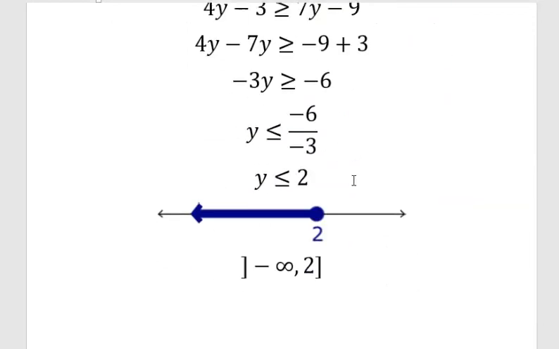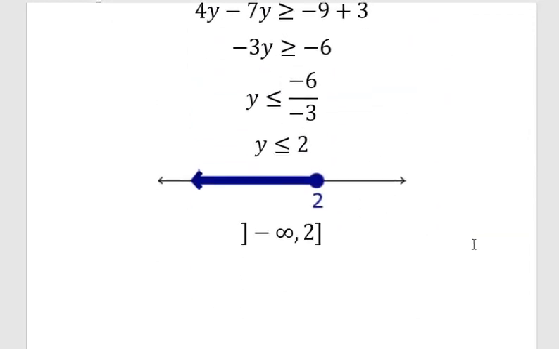Now for set builder notation, remember that we need to put the curly brackets, and we need to put x such that x belongs to R, comma, and okay, wait a minute, I kind of made a mistake in here.